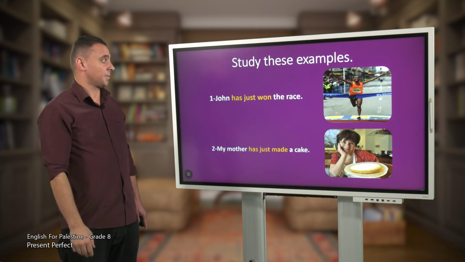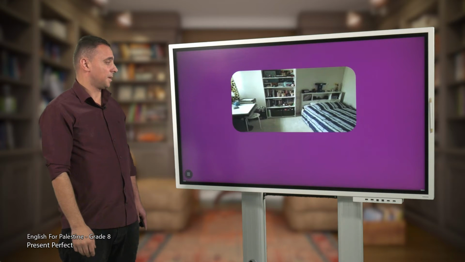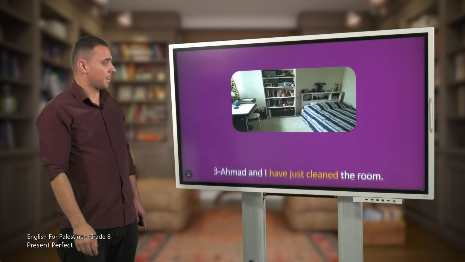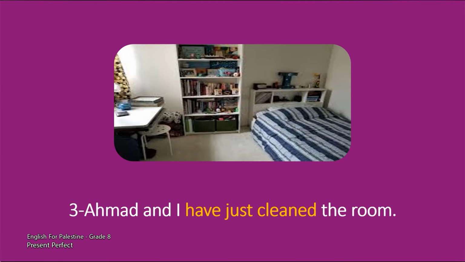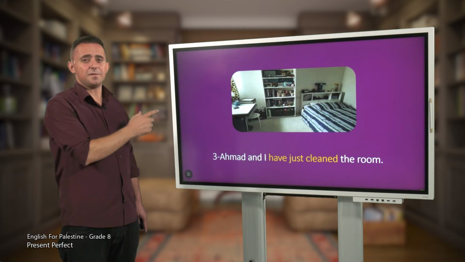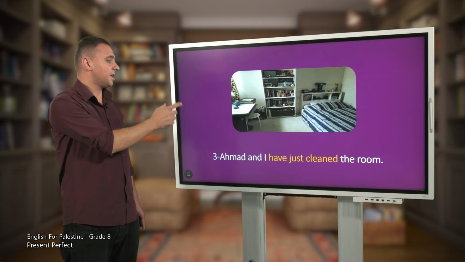Let's continue. What about this example? Look at the picture. You can see that the room is clean. Let's use the present perfect. Ahmed and I have just cleaned the room. Again, Ahmed and I have just cleaned the room. Notice the verb, dear students, have cleaned.